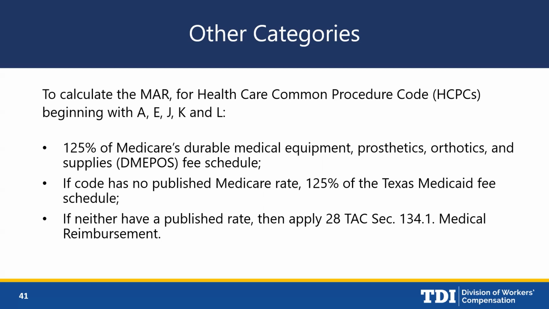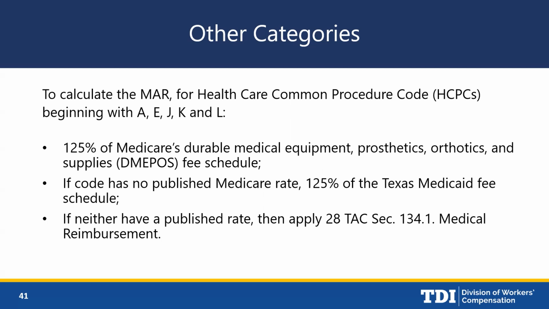Now, if Medicare has no published Medicare rate for your HCPCS code, then you look to the Medicaid fee schedule. Does the Medicaid fee schedule have an amount for that HCPCS code? And if there is no published amount by Medicare or Medicaid, then fair and reasonable may apply. One good example for this is hearing aids.